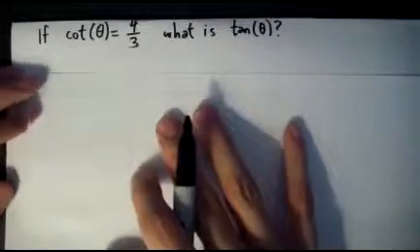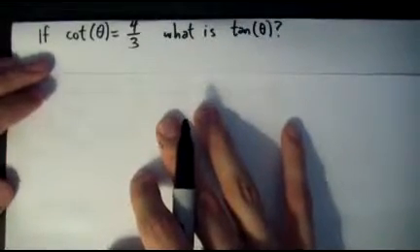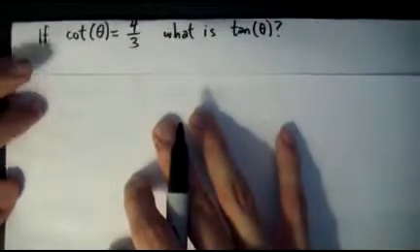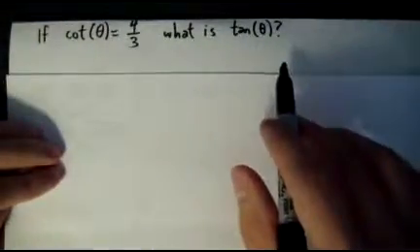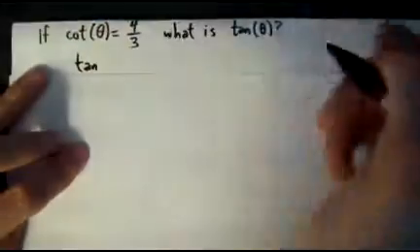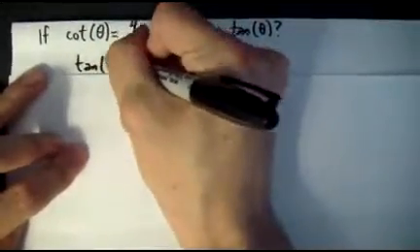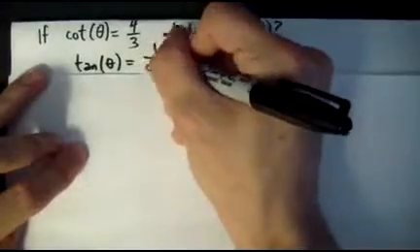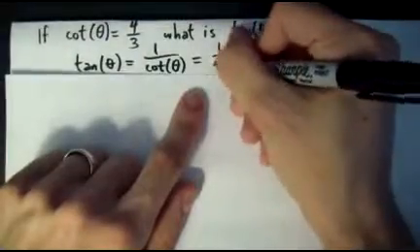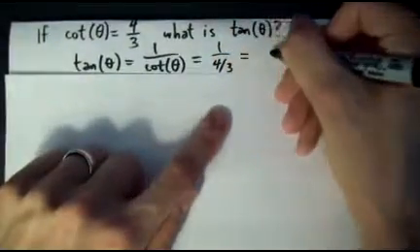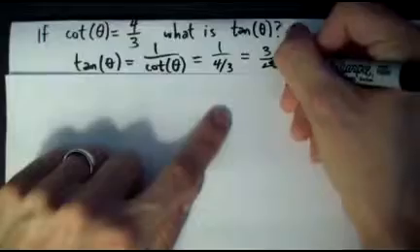Now, if cotangent of theta is 4/3, then what is tangent of theta? Well, again, cotangent was 1 over tangent, so tangent is 1 over cotangent. So tan of theta is 1 over cotangent of theta, which is 1 over 4/3, which is 3/4.